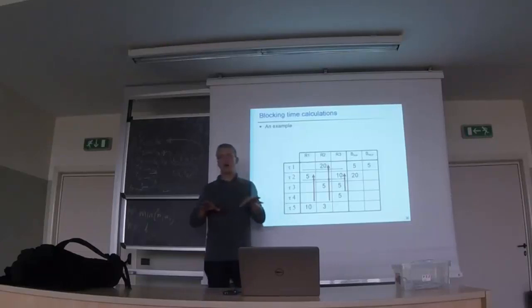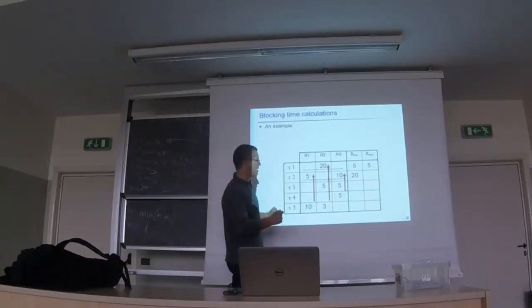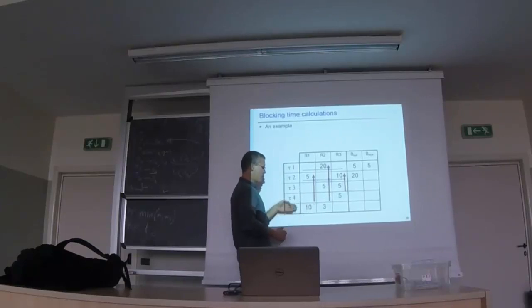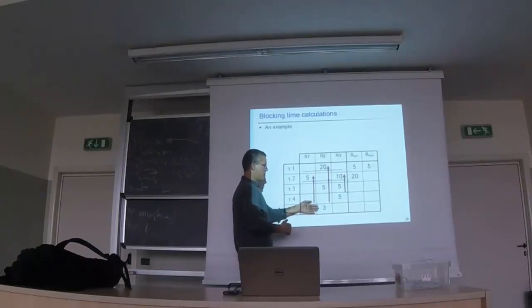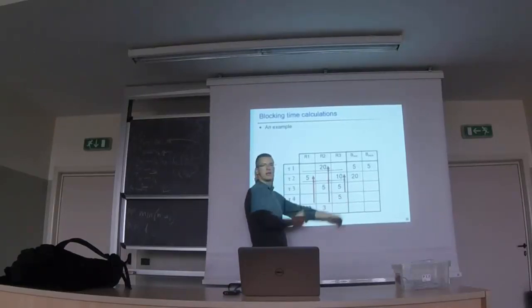You could also do a more detailed analysis here, meaning that, as I told you, I can be blocked at most once for each task and once for each resource. So here I take the 10 of this guy, then I cannot assume anything else from him. Here I take a 5, and then I can take a 5 here.